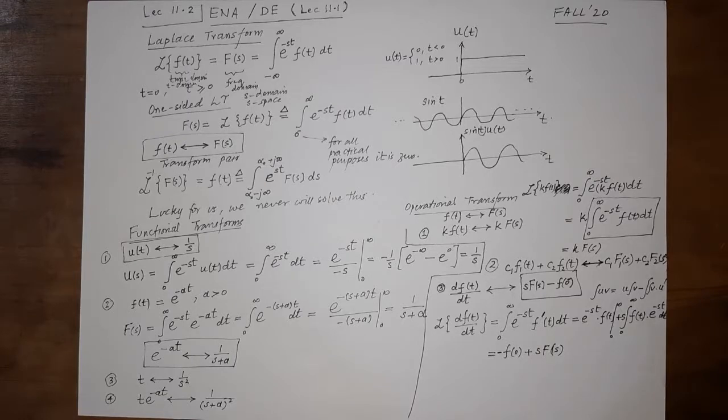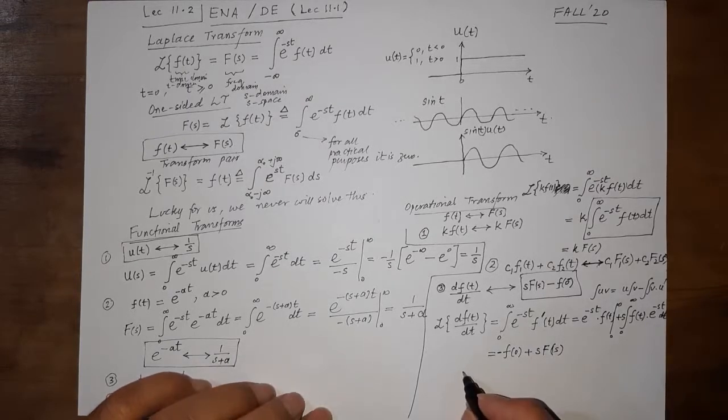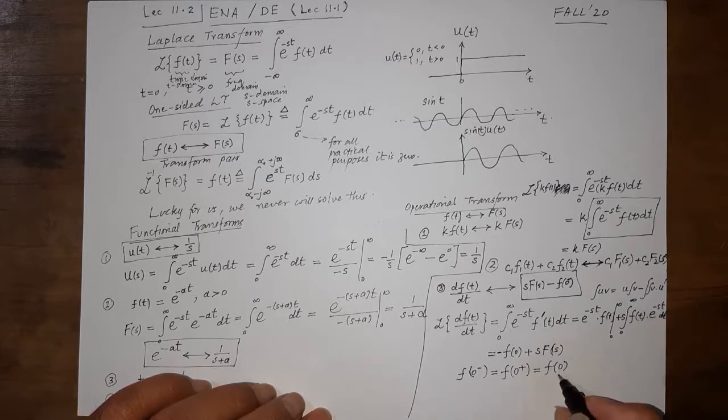But sometimes we have to be careful. Sometimes f(0 minus) is equal to f(0 plus). So there it does not matter whether we write f(0) or f(0 minus). For example, the current through an inductor: at 0 minus it is the same as at 0 plus, because an inductor resists sudden changes in current, and likewise the voltage across a capacitor.